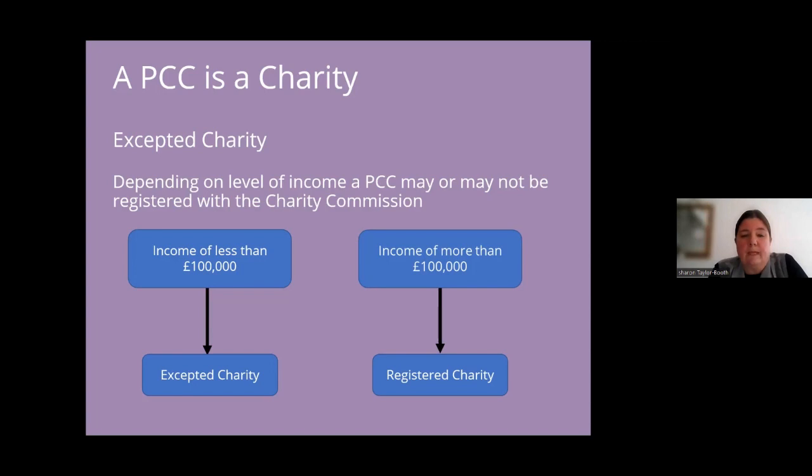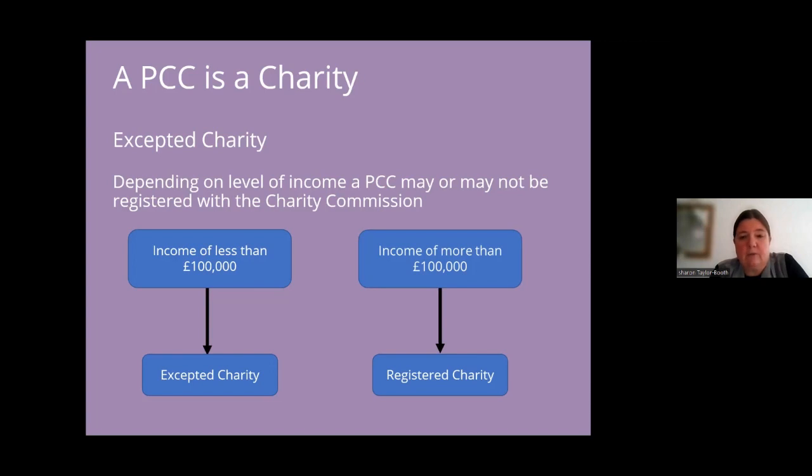Now, this legislation is changing, and the Charity Commission have recognised now that it is very difficult for other people outside of the charity structure to understand what an accepted charity is. Banks, for example, do not understand it. So it's very wise to get all PCCs registered.